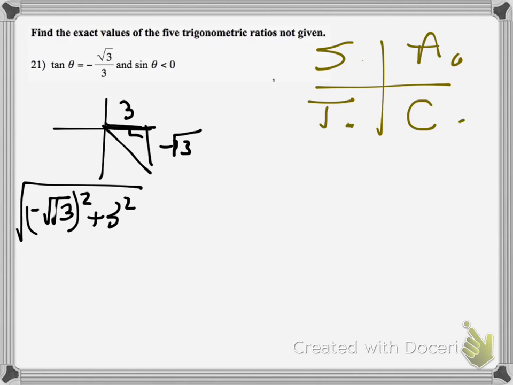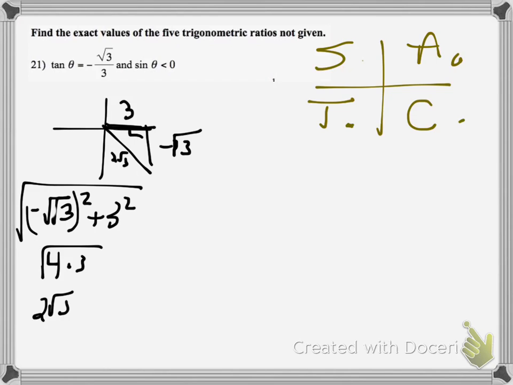So negative times a negative is a positive. You get a 3 plus a 9 is a 12. So 4 times 3, right? So you get a 2 radical 3 there.